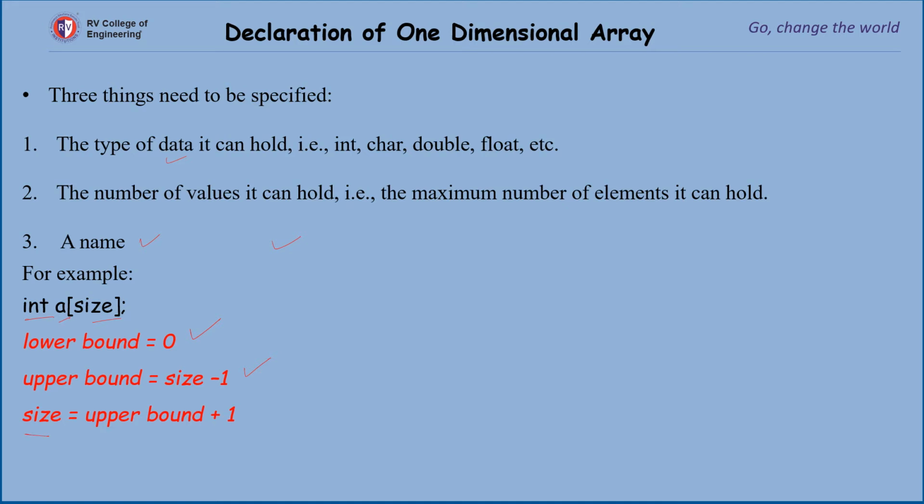For example, if I have something like this, int A of 5, how will this be represented? 1, 2, 3, 4, 5. Index will be 0, 1, 2, 3, 4.